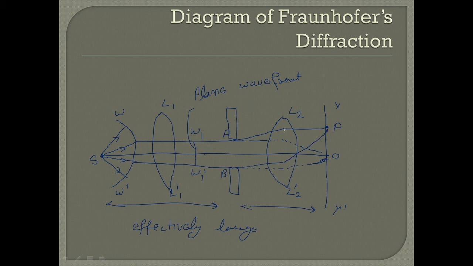This point is considered as A dash and this is B dash. Let us draw a perpendicular from B on the ray from A dash, which is K. Let it make an angle theta with the slit.